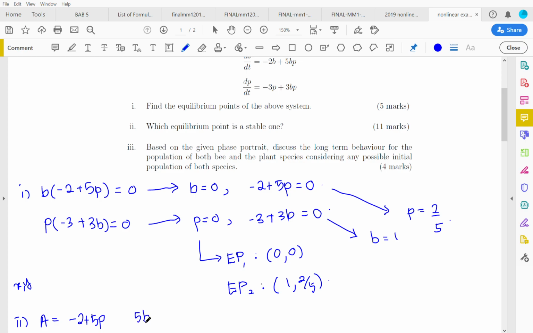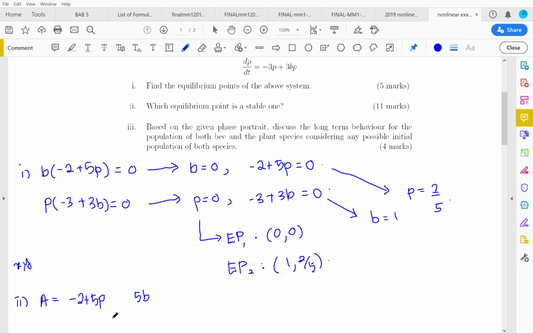From the second equation, differentiate with respect to b becomes 3p, and differentiate with respect to p becomes minus 3 plus 3b.